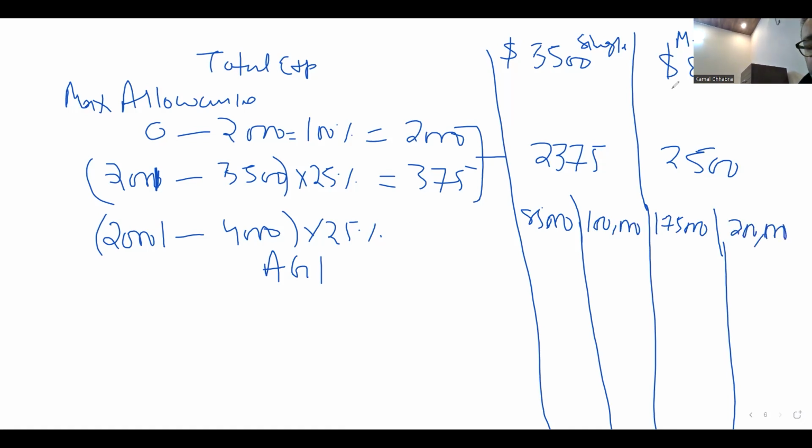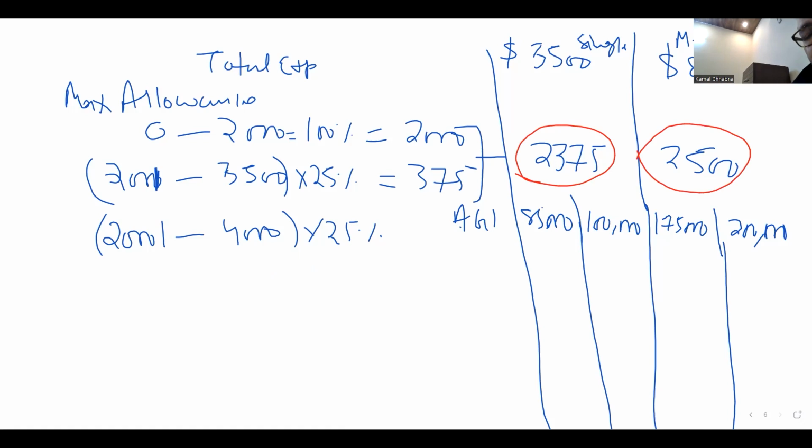Right? Sorry, this is AGI. This is the maximum eligible amount. It's not a deduction, it's an eligible amount, right?